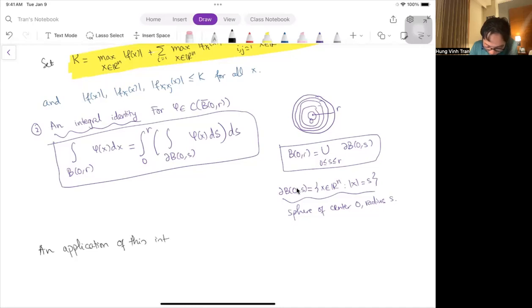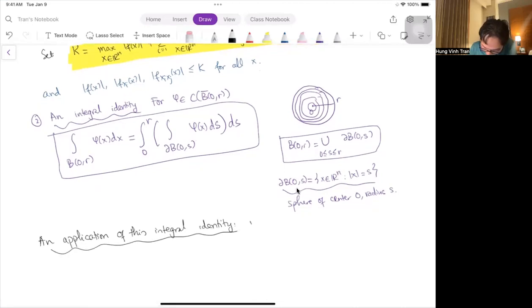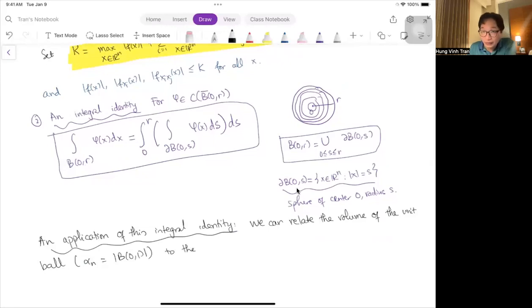This integral identity lets us relate the volume of the unit ball, which we defined earlier as alpha n, to the surface area of the unit sphere.